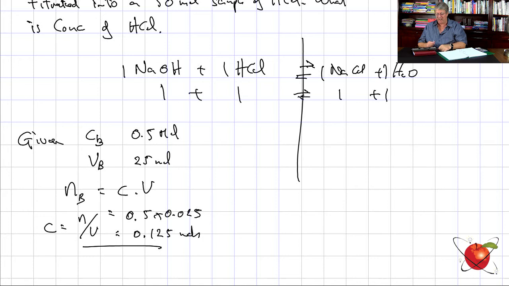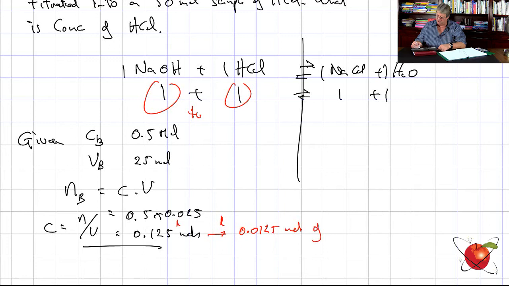How many moles of acid did it neutralize? The ratio in which it neutralized is 1 to 1. So therefore 0.0125 moles of acid were neutralized. Isn't that so? Because 1 mole of this reacts with 1 mole of the acid. Therefore, 0.0125 reacts with 0.0125 of the acid.